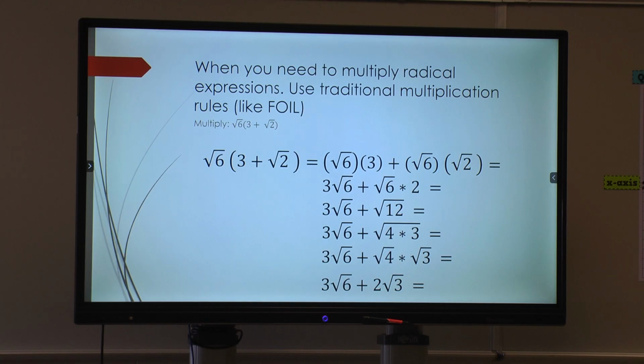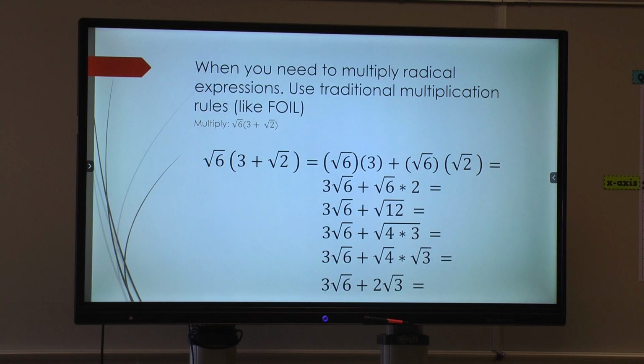Remember how we always said, like a fraction, they have to have the same denominator. So our radical, we're thinking of it as like our denominator.